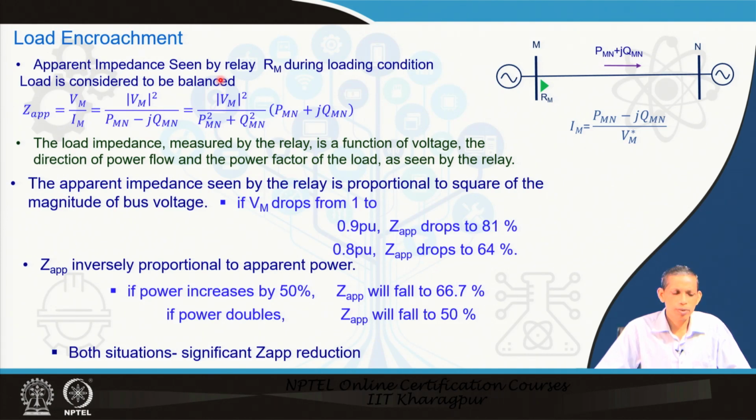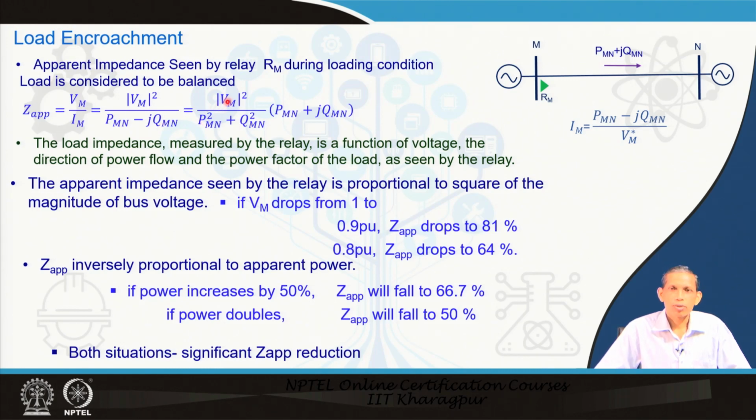Therefore, the relay will consider any phase voltage upon any phase current for the Z apparent calculation, and that is why Z apparent equals V m upon I m. Substituting this I m from the relation, we get this also equals V m square upon P minus j Q, the real power and reactive power flowing through the line.